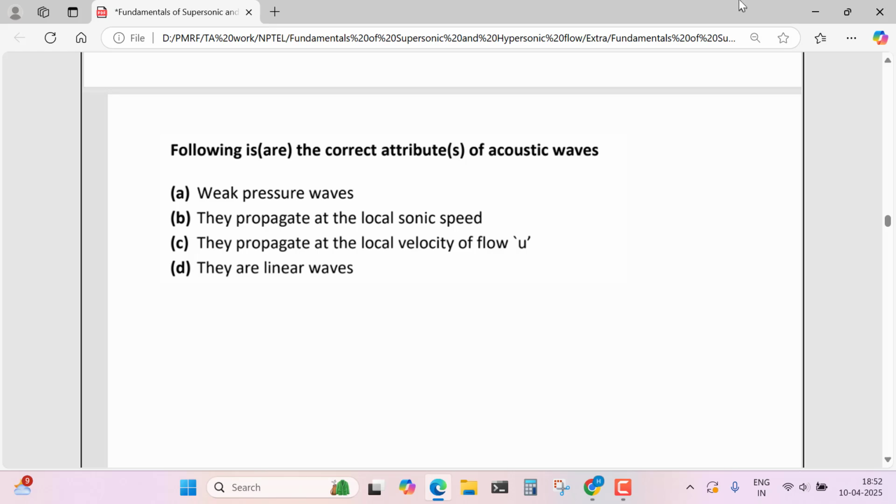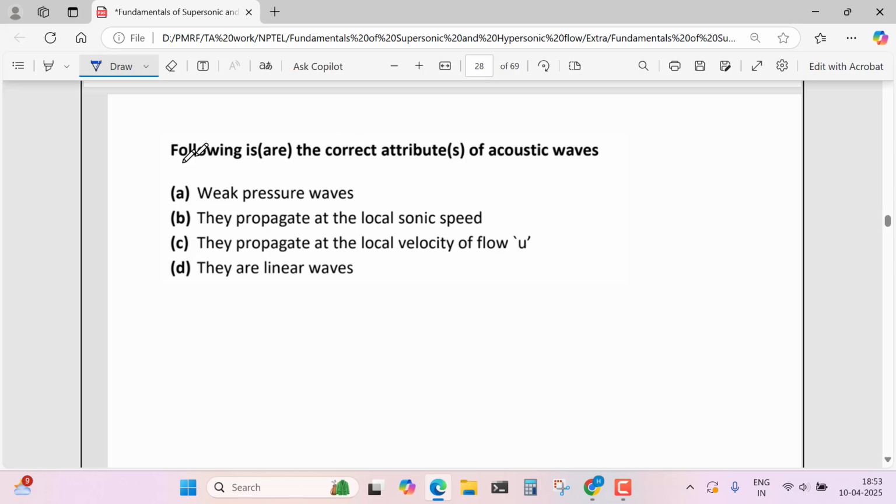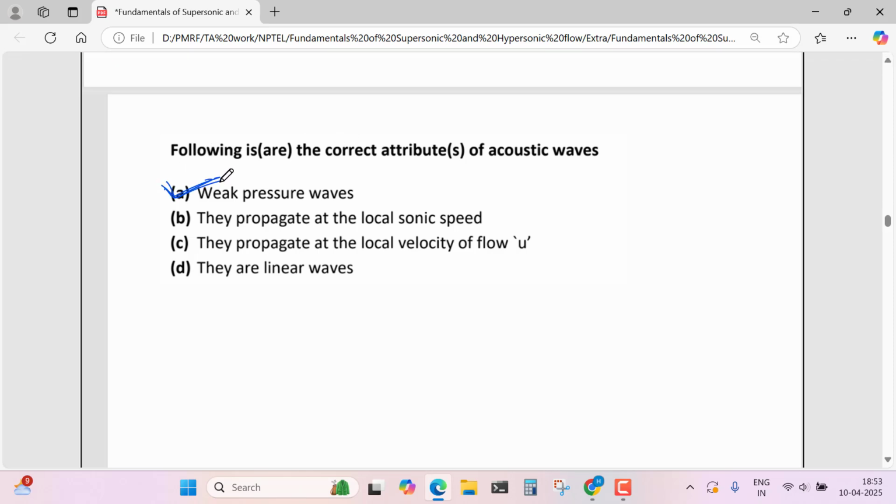If you know about acoustic waves, this question is very straightforward, and this is a conceptual question. So, what will be the properties of acoustic waves? First one is true, because acoustic waves are weak pressure waves, and these weak pressure waves move with the local sonic speed, meaning a equal to 1.